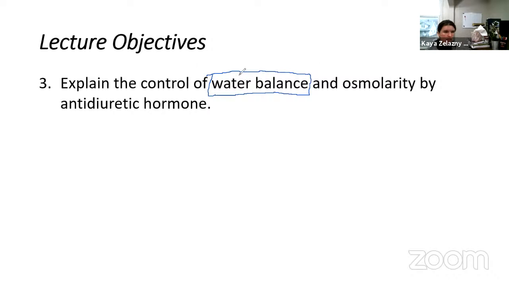So really, we're controlling excretion here by controlling the volume and osmolarity of that urine. So we're controlling the out here. That's why this relates to water balance. We're doing that with antidiuretic hormone, ADH.